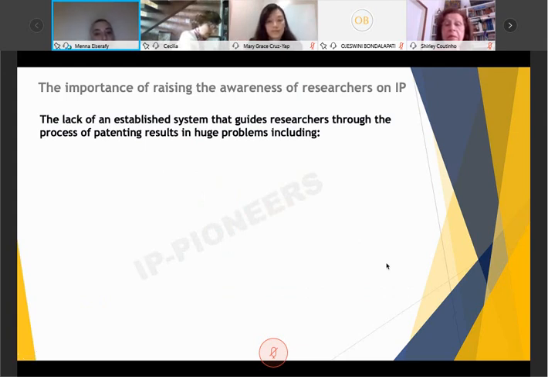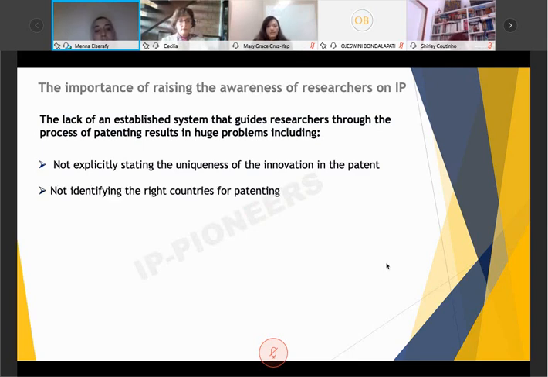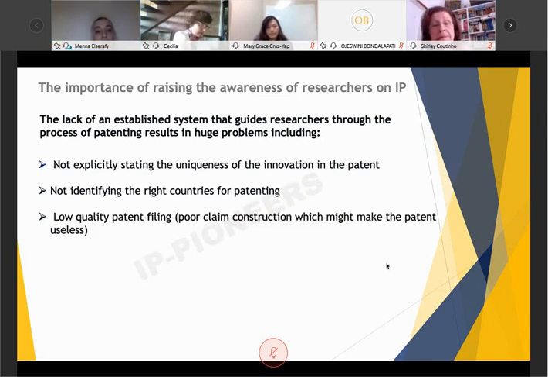Okay, so the unawareness again of the researchers of IP, or the lack of an established system that guides the researchers through the process of patenting, results in many huge problems actually. And this includes that the researchers do not explicitly state the uniqueness of their innovation in the patent. And they maybe are not able to identify the right countries for patenting.